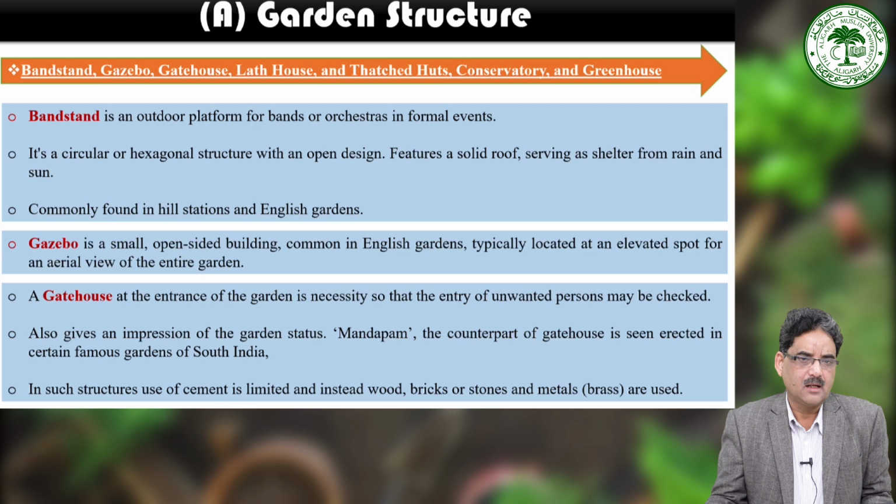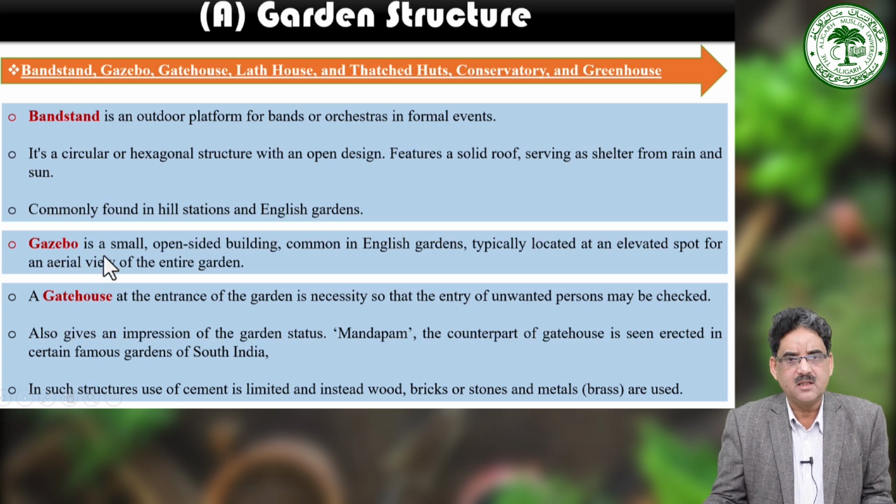In a garden, it is a circular or hexagonal structure, open on all sides with a solid roof, and is used as a shelter against rain and sun, as seen in the hill stations of our country, especially in English gardens.